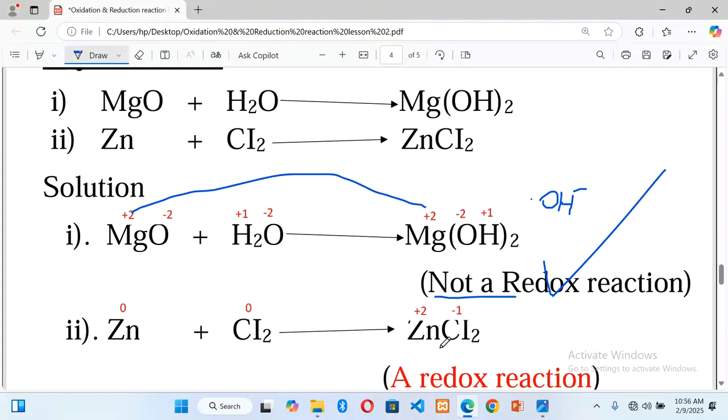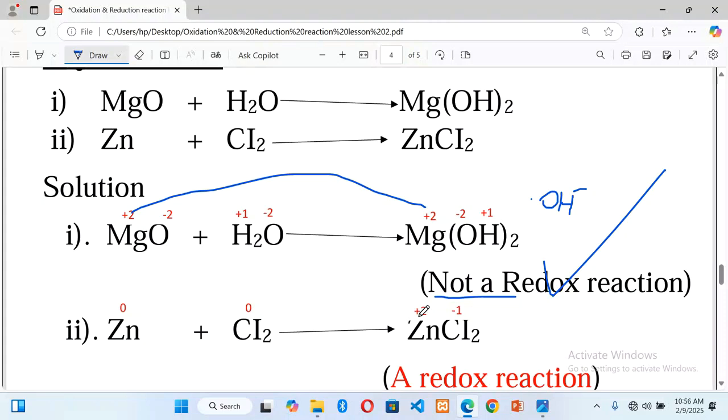Now in this product we have zinc chloride. Chlorine is a halogen, a group 7 element. We said they have a negative 1 oxidation number, and zinc here has positive 2 oxidation number.